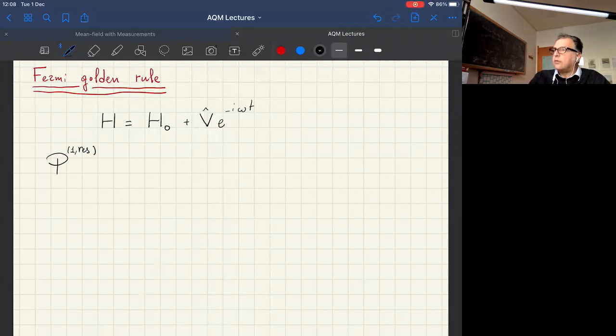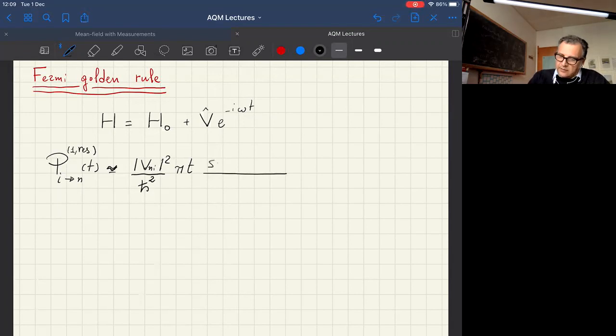So in the condition of close to resonance, the probability to go from the state i to the state n as a function of t is more or less equal to |V_ni|² divided by ħ², and then we just add things in order to write it in this way.